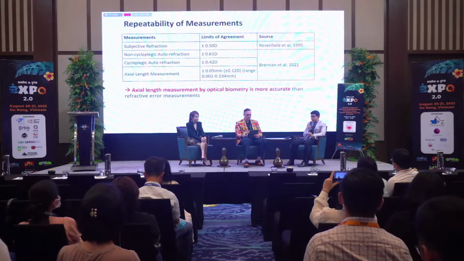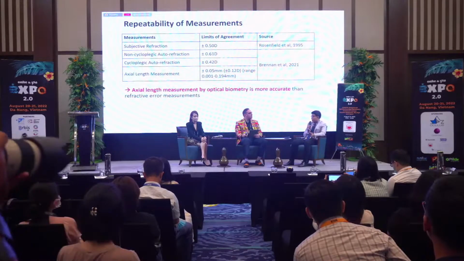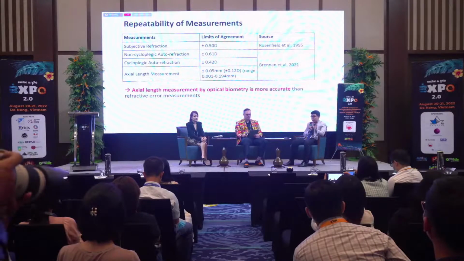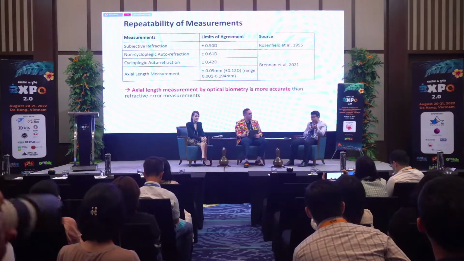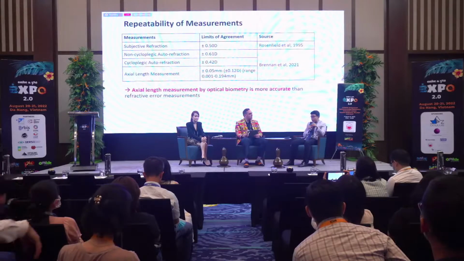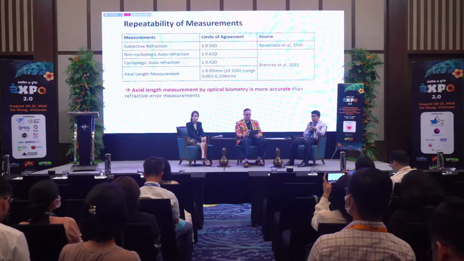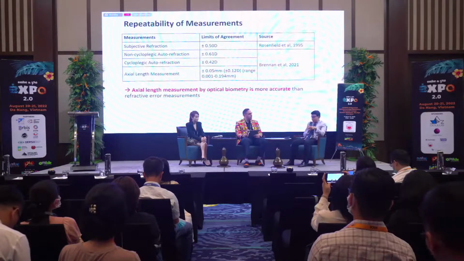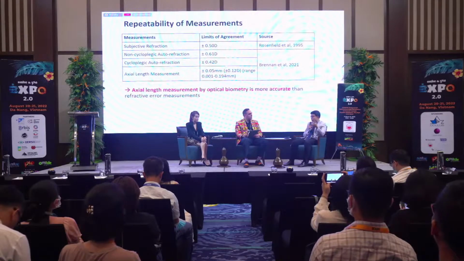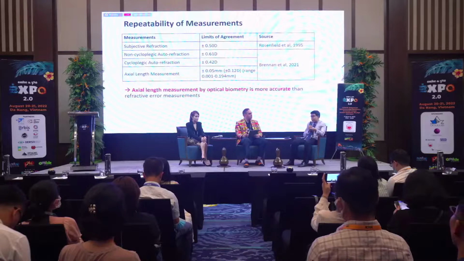Other than that, all the optical biometry machines now measure not only the axial length, but also the corneal curvature and the lens thickness. There are some papers to be published soon by the Australian team, also based on the ALCR, the ratio of axial length over corneal curvature, which also predicts progression and informs the definition of myopia onset.